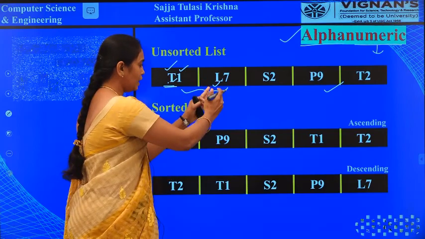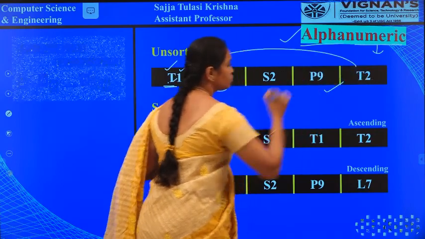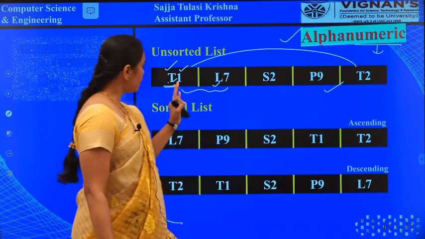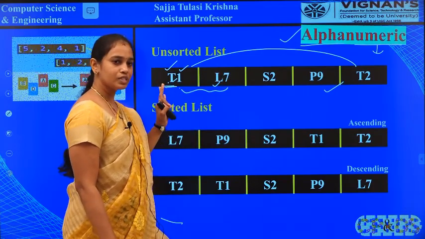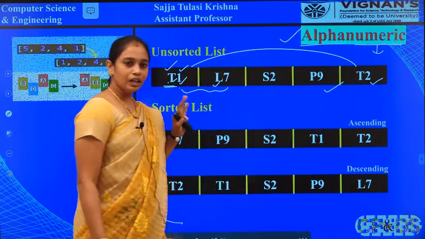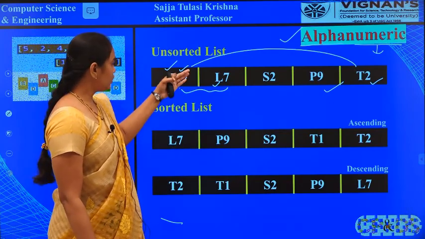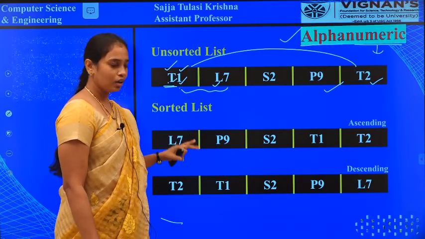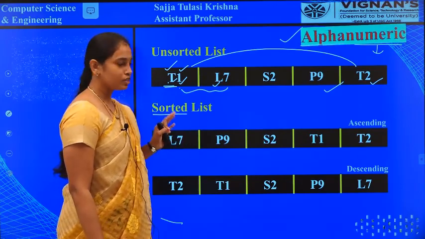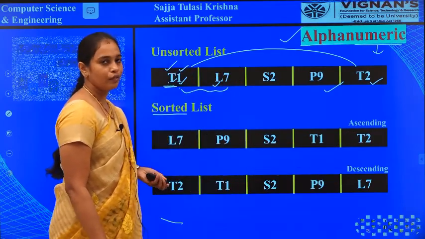L. So L is before T. If, in case of T1 and T2, the first letters of both are the same, then we go for the second character, like in a dictionary. Likewise, we order this unordered list into an ordered list. That ordered list is also called a sorted list, arranged in either ascending or descending way.